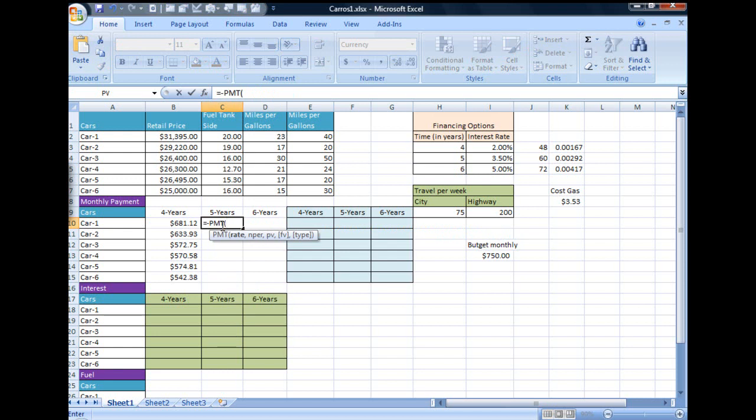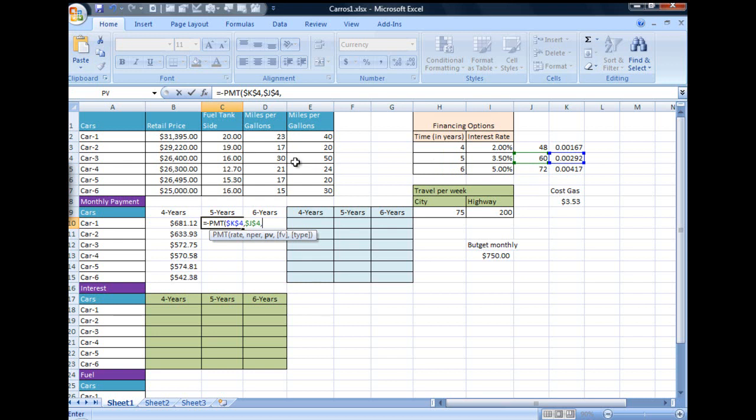The second column is 5 years, so we have K4, with absolute reference, comma, again this with absolute reference, and B2, comma B2.